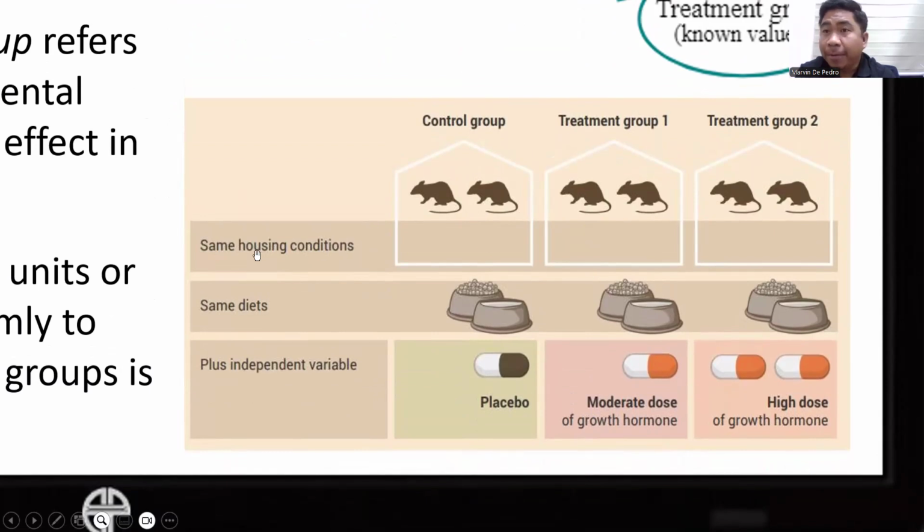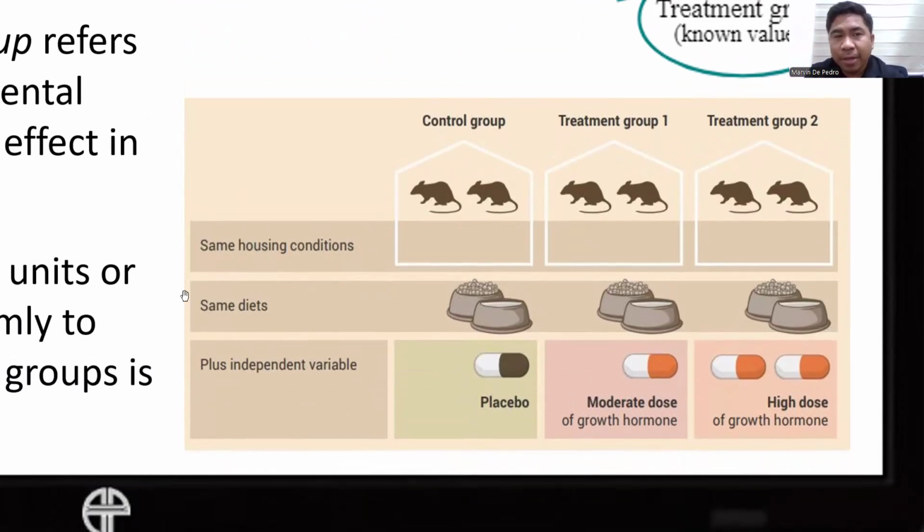Our control factor could be the housing condition. So these three groups have the same type of house, lighting in that house, temperature in that house, and other environmental conditions within the housing.